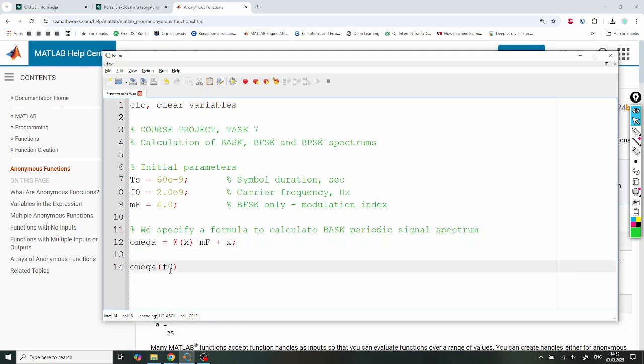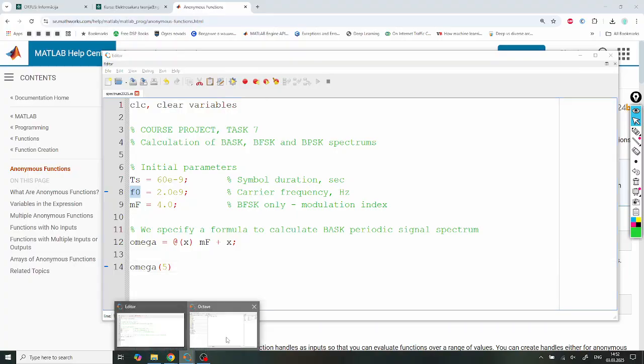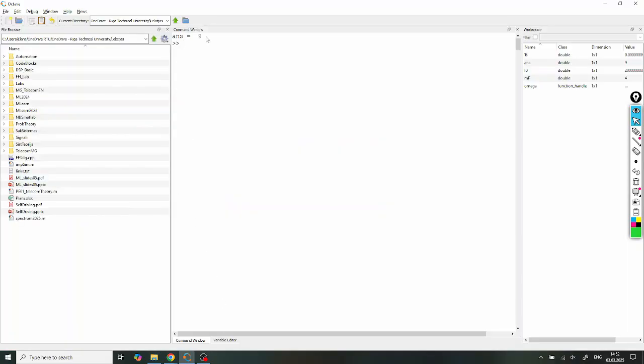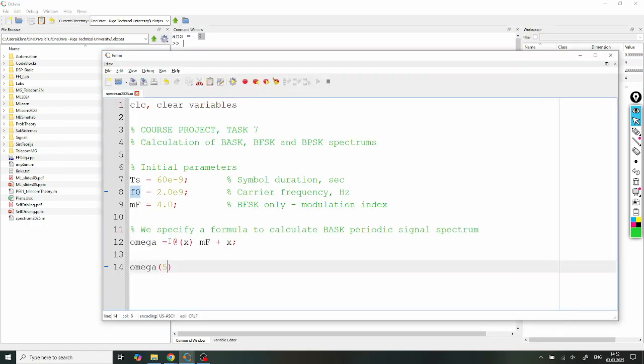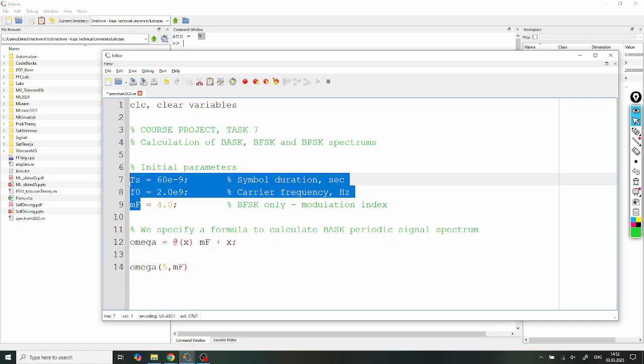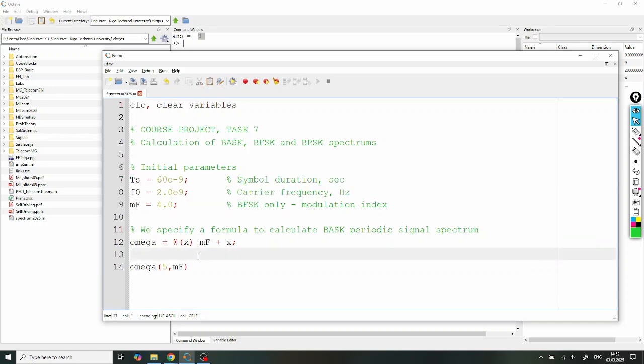So now if I specify, let's say, number 5 here, what's going to happen is it knows mf. I don't have to specify it here, so that it knows. It actually can get it from the global variables. So that means I only need to specify whatever inputs I care to use.